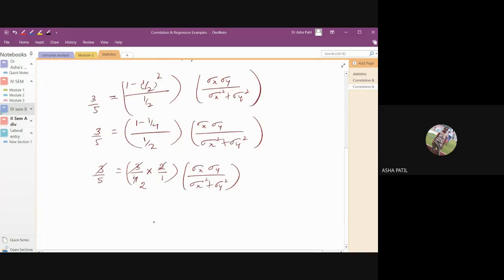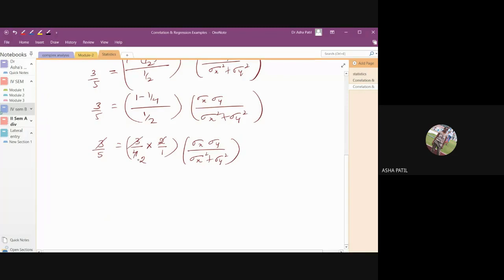So what we get is 2. Only 2 is there. Totally this term will give us 2. Okay, so that 2, it is in the denominator, so let me take it to the LHS and write it as 2 by 5 is equal to sigma x sigma y divided by sigma x square plus sigma y square.